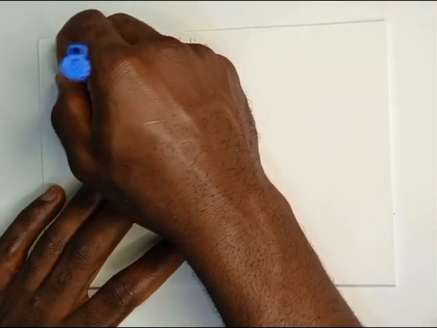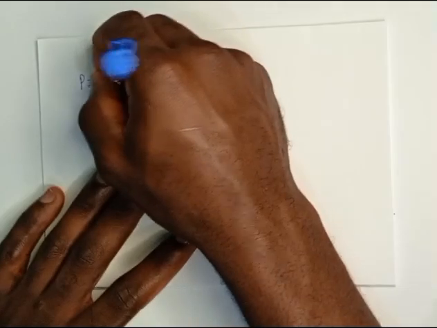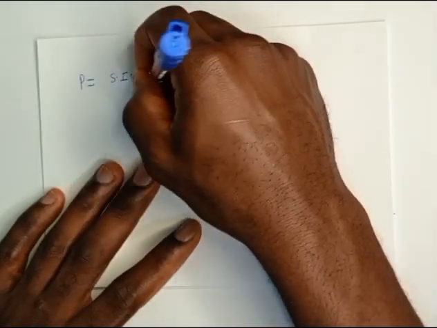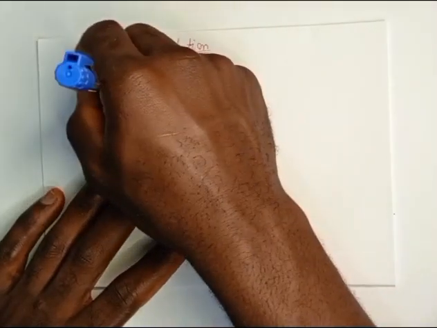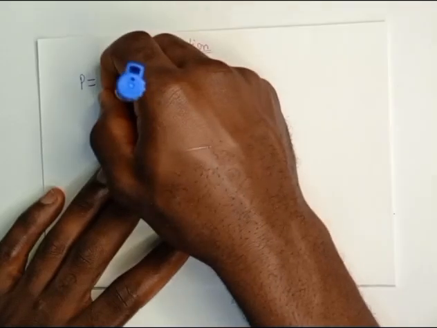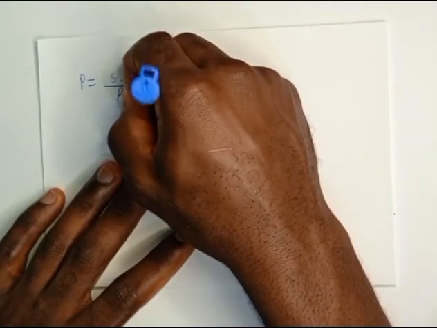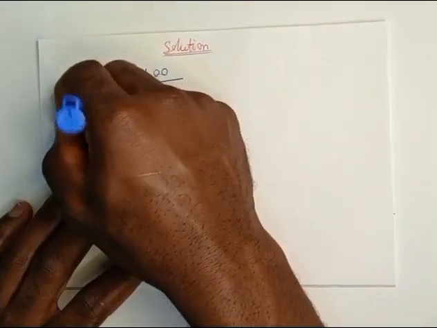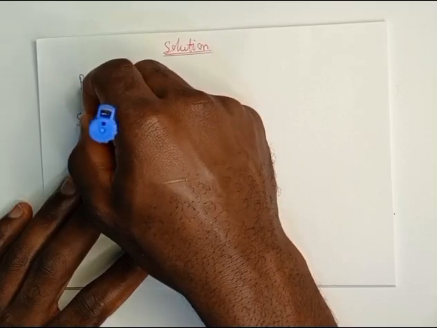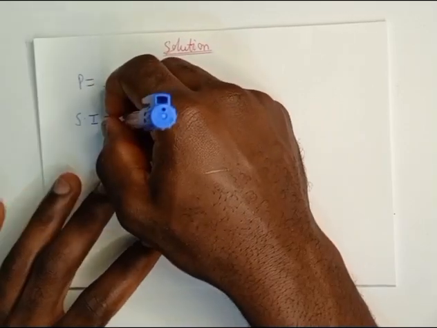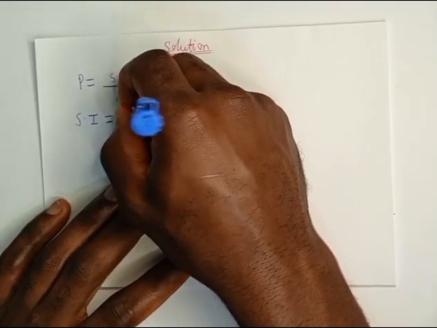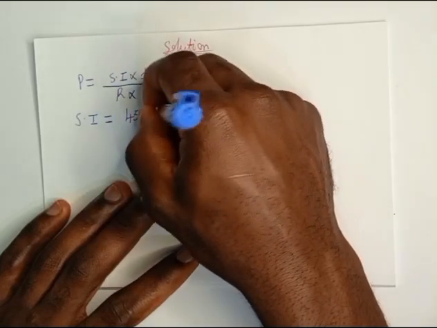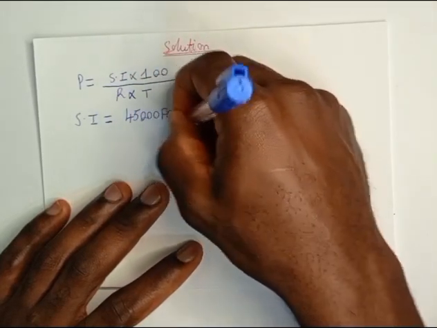We have to find the principal. Principal is equal to simple interest times 100 all over the value of the rate times the value of the time. From the given problem, the simple interest is 45,000 francs CFA.